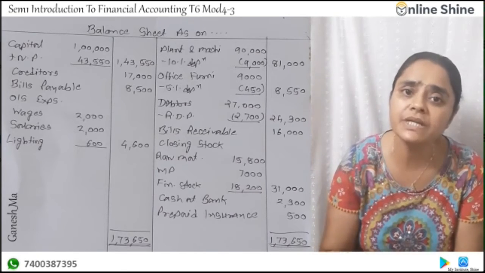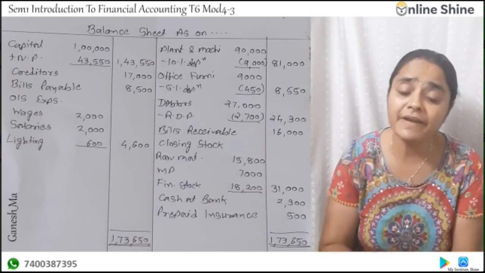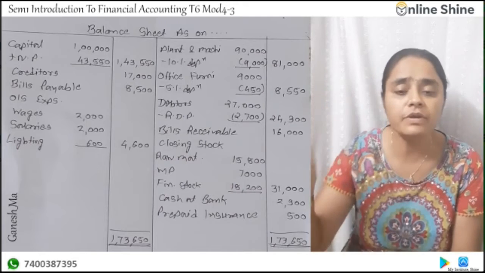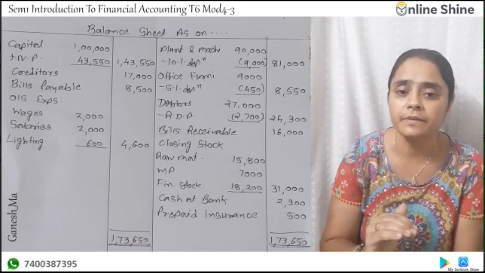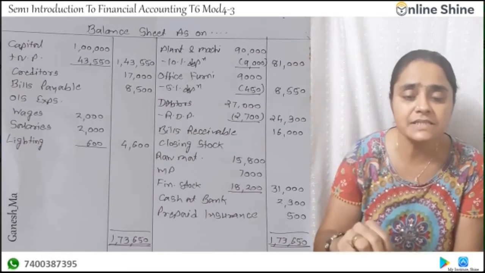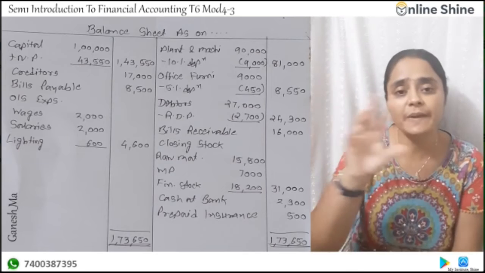So see students, you don't have to tally your balance sheet. Actually the balance sheet gets automatically tallied, but only if you have given all the adjustment effects properly, all the entries, and posted all the balances properly from the trial balance to your respective accounts.